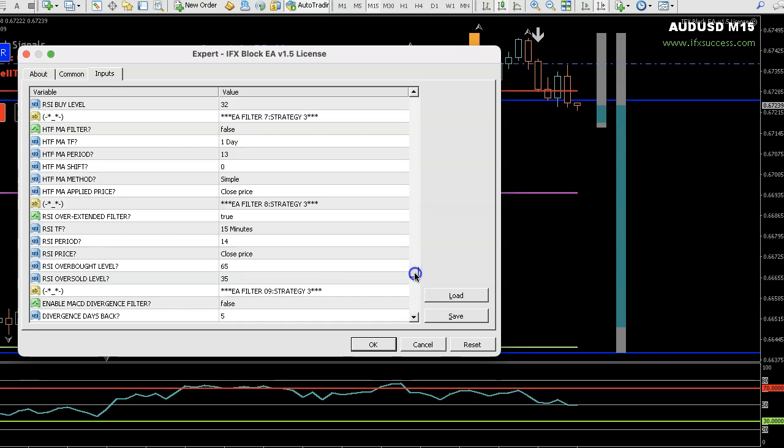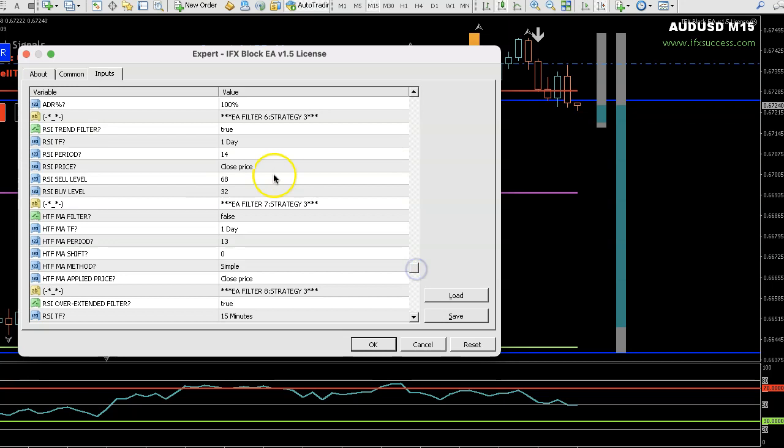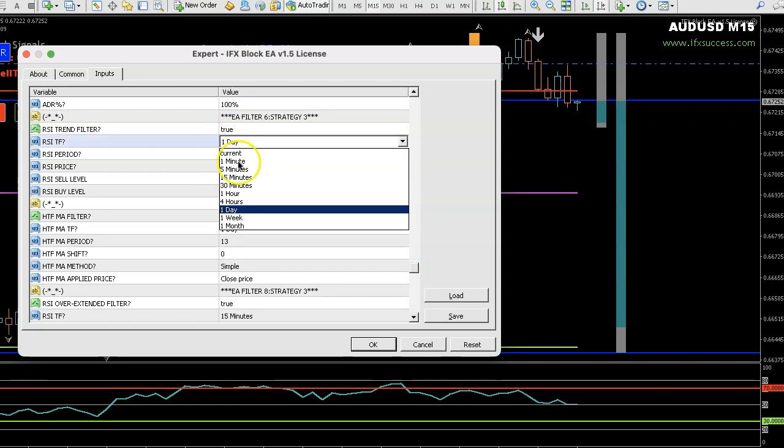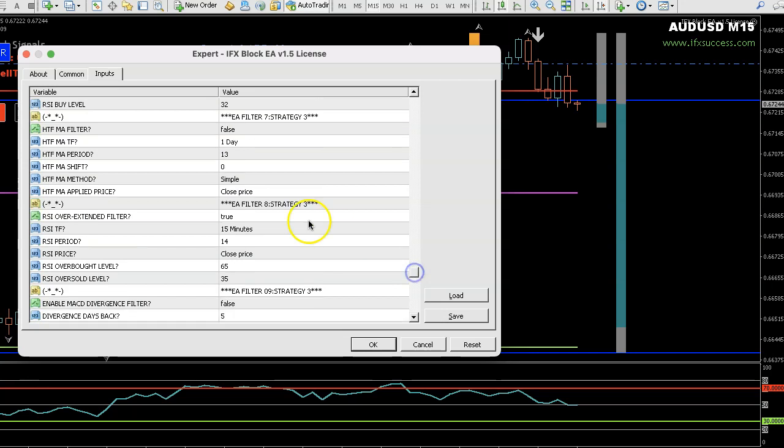I added again, we want to be inside our, oops, this is not daily. I want to be inside the 1 hour candle again, within the 1 hour RSI. Again, that's what I want. And what else? I do want to be overextended on 15 minutes.